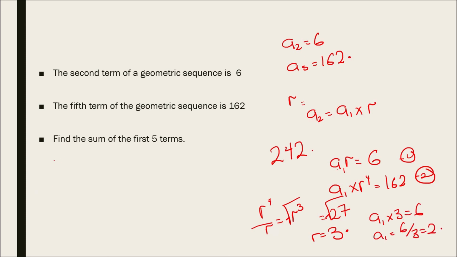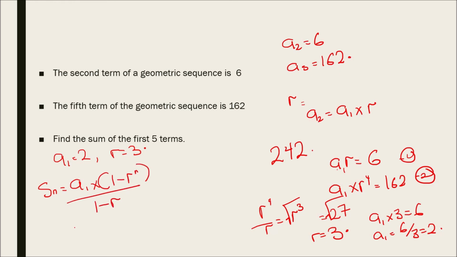So we know that our A1 is 2, R is 3, and Sn was the formula, A1 times 1 minus R to the power n over 1 minus R. 2 times 1 minus 3 to the power 5, first 5 terms, over 1 minus 3, and our answer will still be 242.